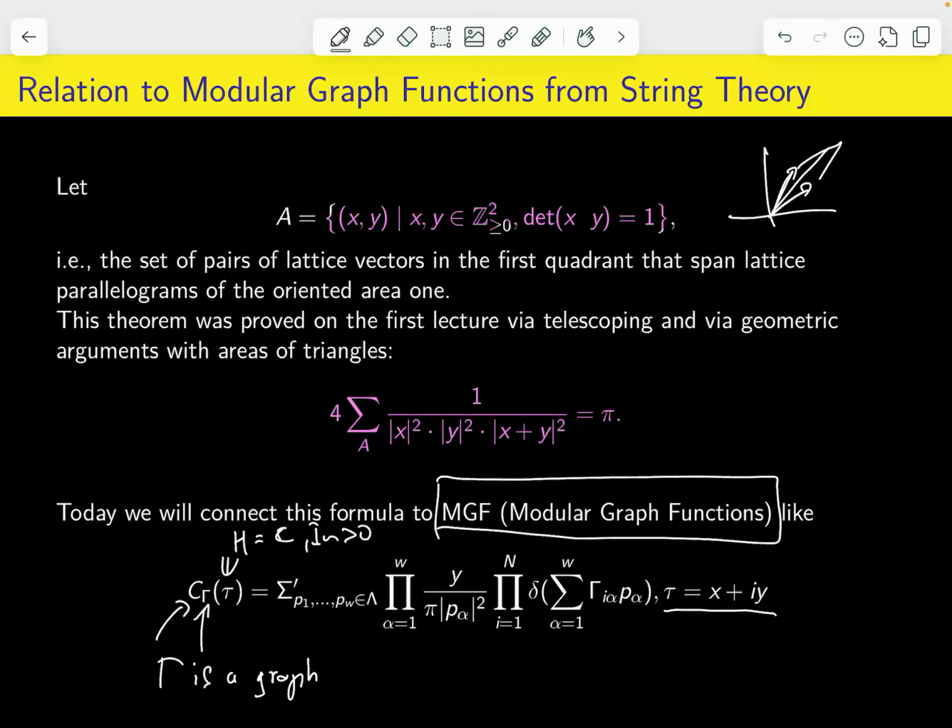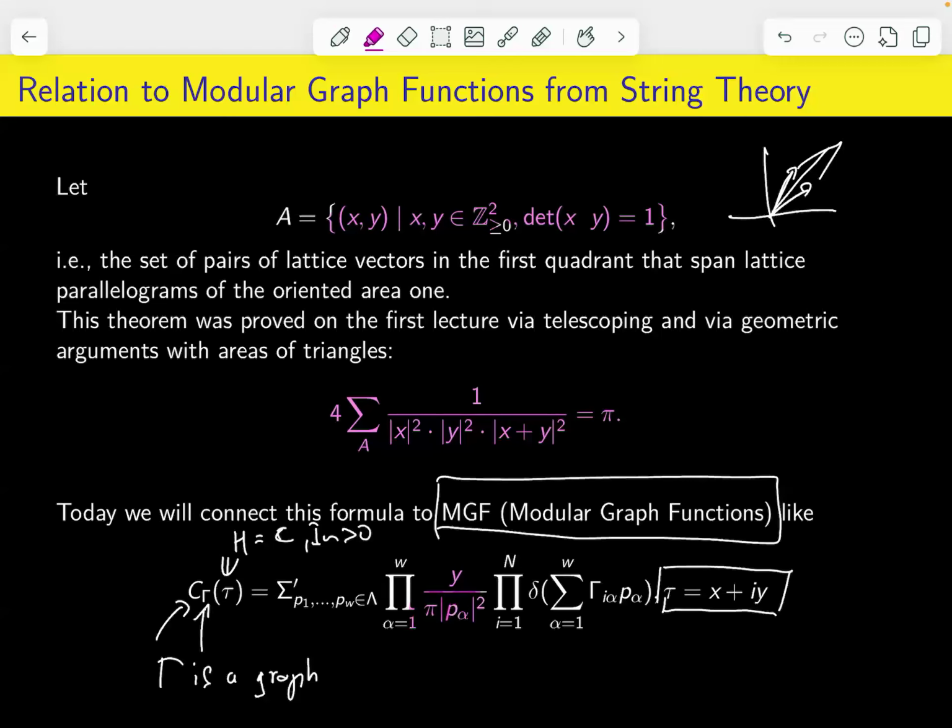So tau is a complex number, and its imaginary part is denoted by y. And this y can be seen here. Here you divide by pi, and then you take a product of some expressions. And what are the expressions in the denominator?